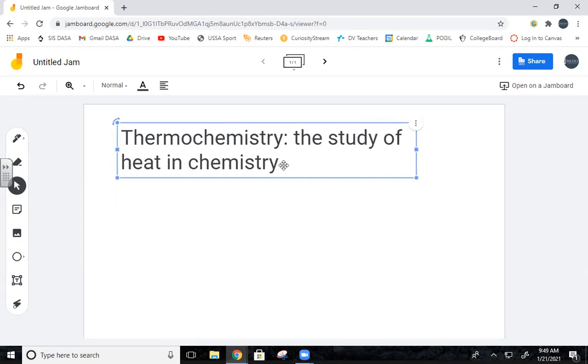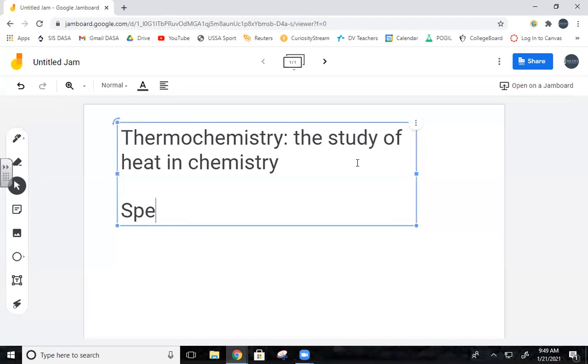There's a very important concept in thermochemistry that is called specific heat. Just kind of a continuation from last time. Yep. Specific heat, right?